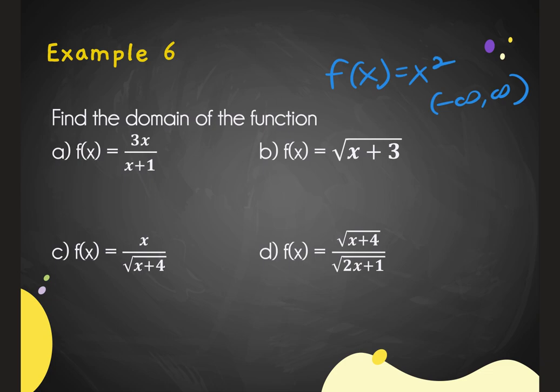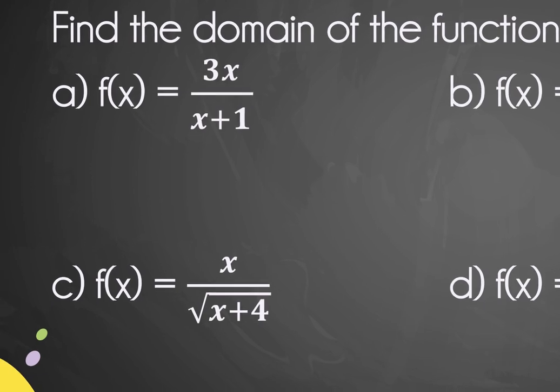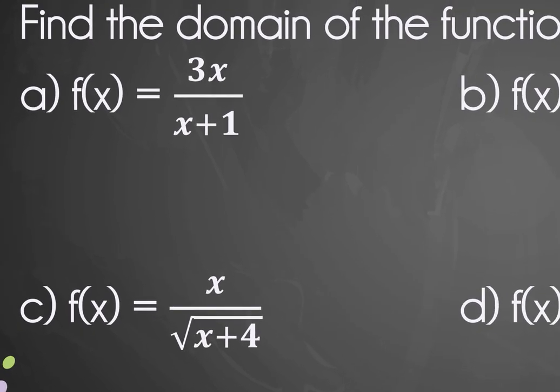So go to A. Is there one of my 3 scenarios I need to check for? Yep, there's a variable in the denominator. I'm not worried about the one in the top at all. I'm worried about the one in the bottom. So I say this cannot equal 0, which means x cannot equal negative 1. So x is going to be able to equal everything except for negative 1.